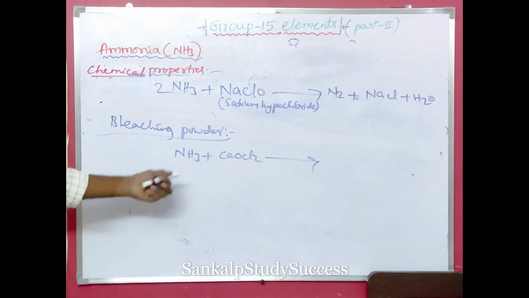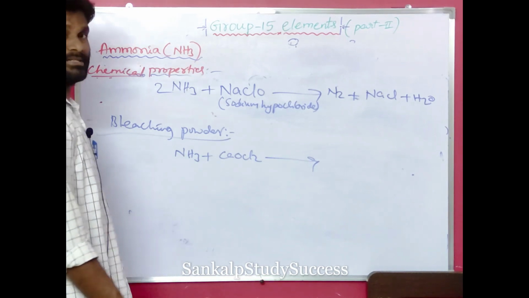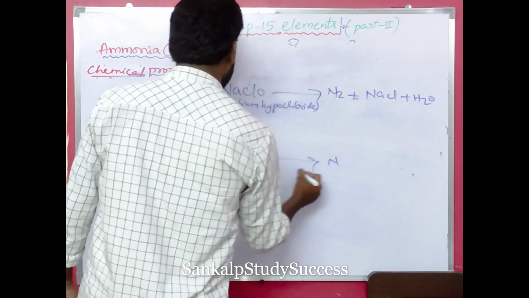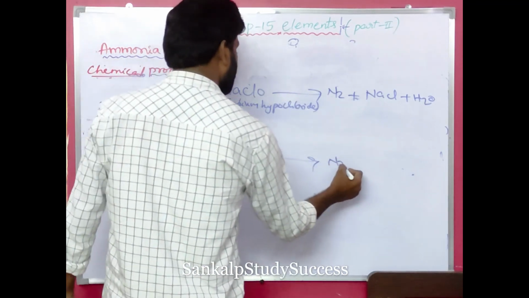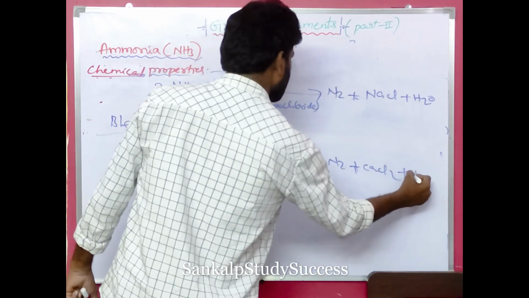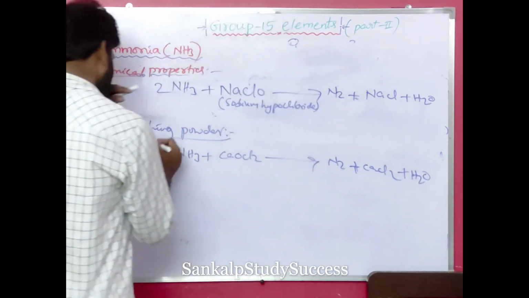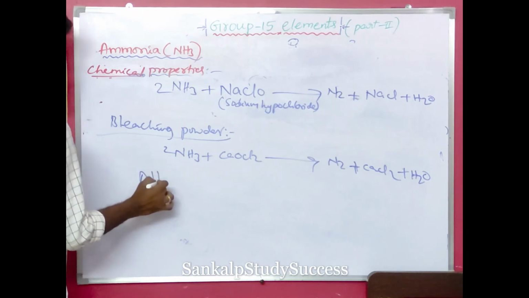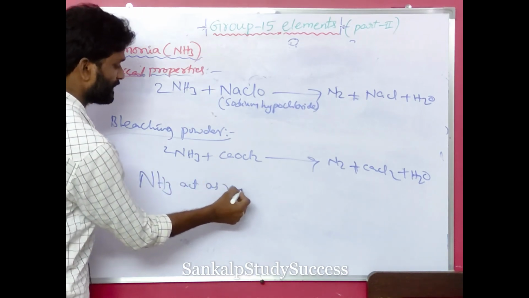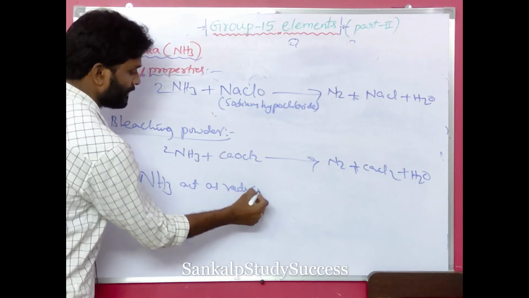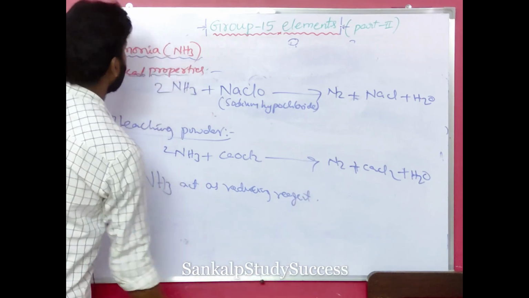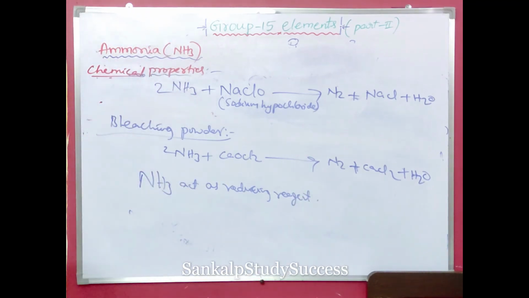So it also acts as an oxidizing reagent. So here what is obtained? N2, nitrogen is obtained plus CaCl2 plus H2O. Right. In these cases, NH3 acts as a reducing reagent. Okay, these are the chemical reactions of ammonia.